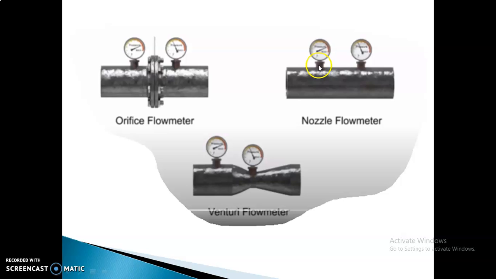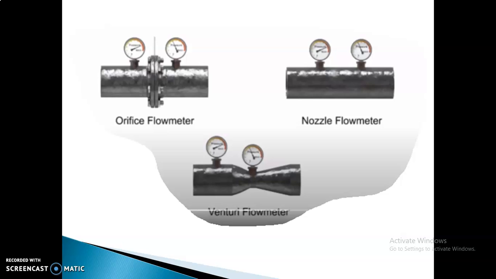In the nozzle flow meter, there are no flanges like those situated in the orifice. When you look at the venturi, there is a bending part you can see here. Here you have a pressure gauge at the upper portion and the down portion. The pressure gauges are situated like that in your venturi flow meter.